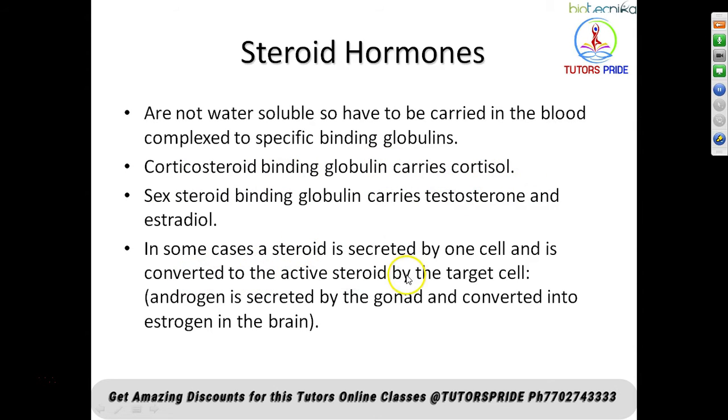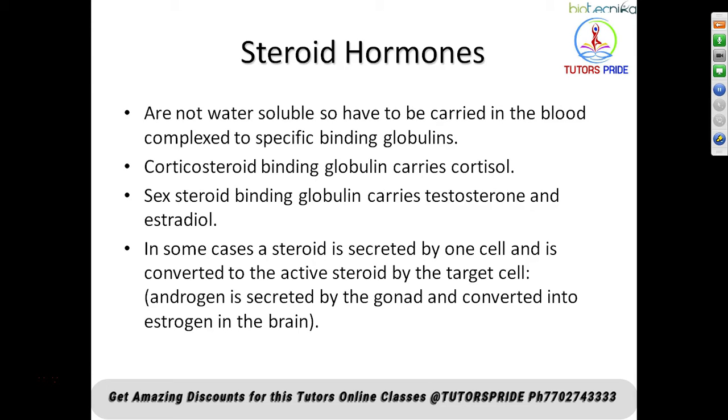In some cases, a steroid is secreted by one cell and is converted to the active steroid by the target cell. One cell will secrete it, and the target cell will convert it to the active steroid.